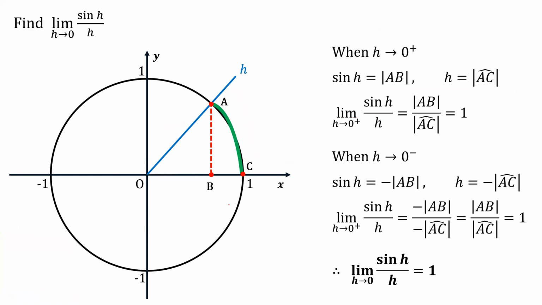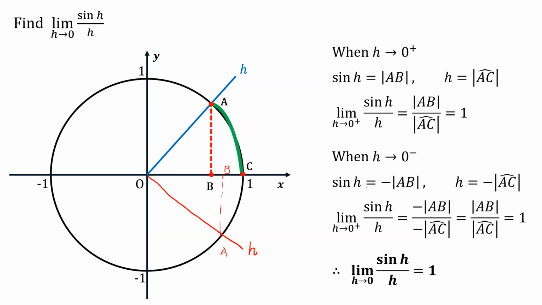Okay, then we can consider the other half of this question. When h approaches 0 from the negative side, that means h is here. It's a very small angle in the fourth quadrant, right? Then A is here, B is here.